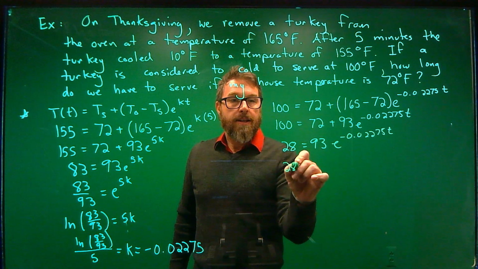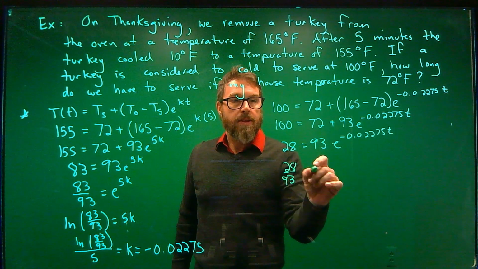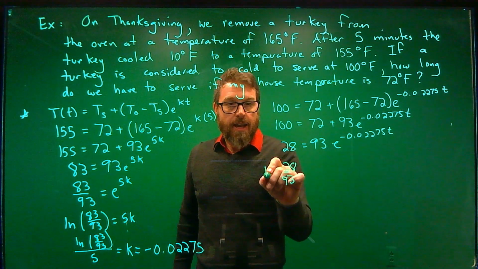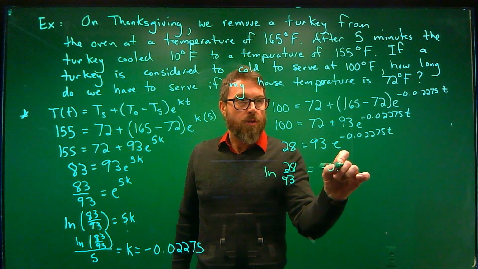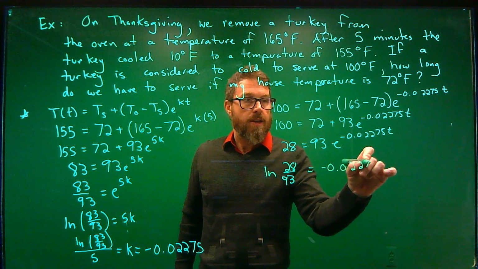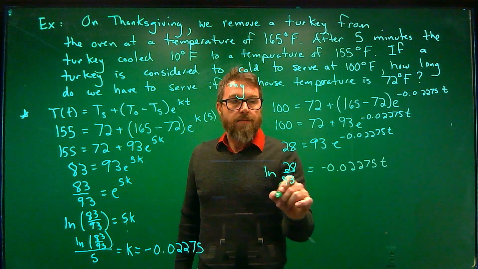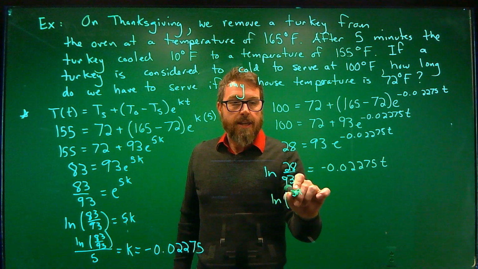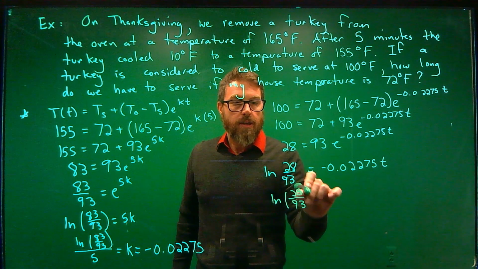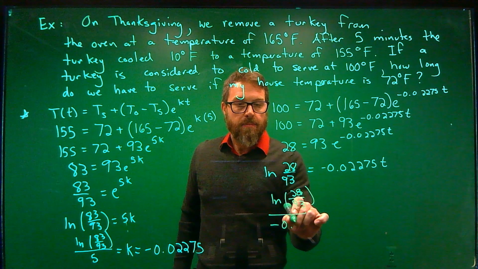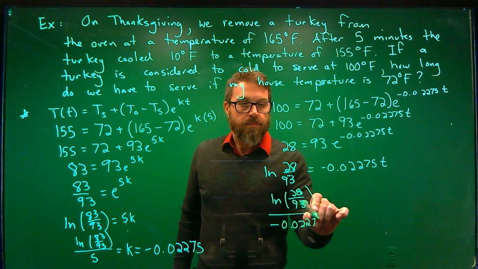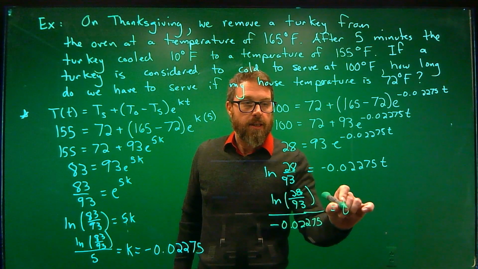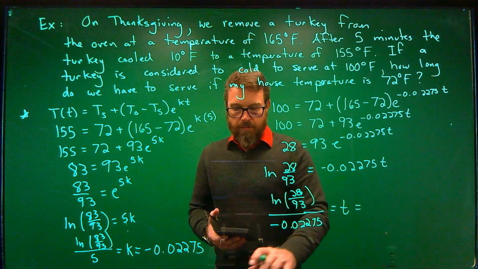Dividing by 93 and then taking the natural log is going to give us minus 0.02275t, and then finally divided by that constant. So the natural log of 28 over 93, all divided by k, is going to equal our t, which equals 35.6 minutes.